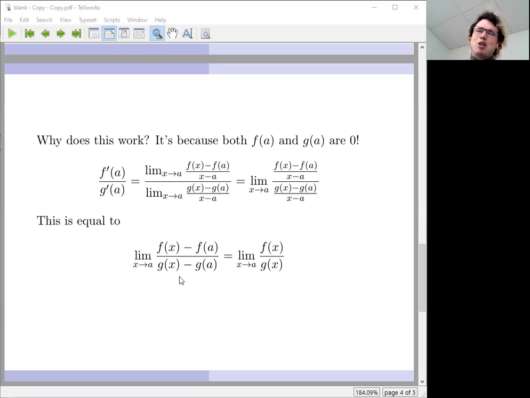G of a is 0, so my denominator is really just g of x. I'm still taking a limit, so this limit as x goes to a of f of x divided by g of x. Remember, this is my indeterminate form, my 0 over 0 that I can't figure out. Well, it'll just be equal to f prime of a divided by g prime of a, as long as that limit did exist.